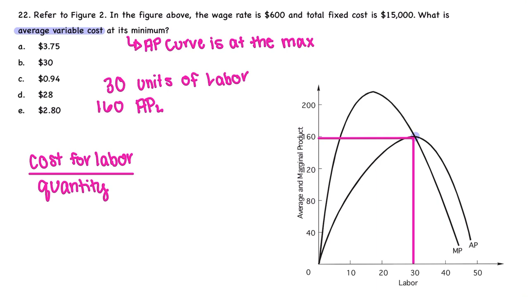So in order to do this, we need to know our quantity, and our quantity is going to be labor times our average product of labor.